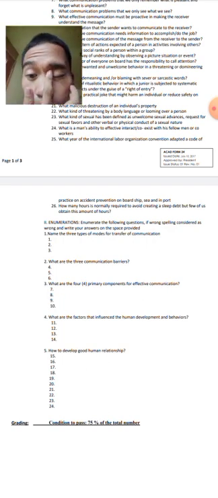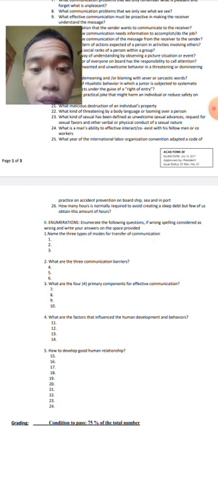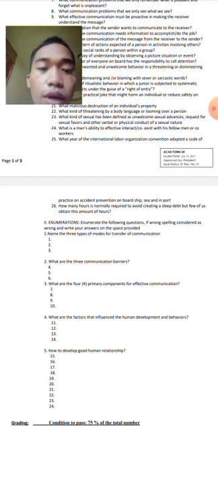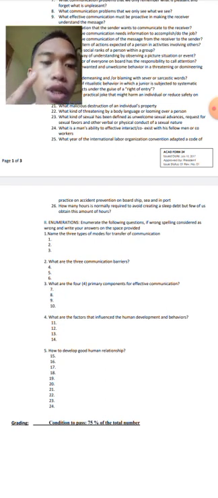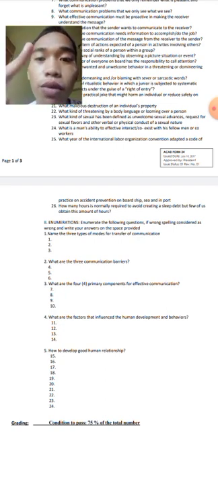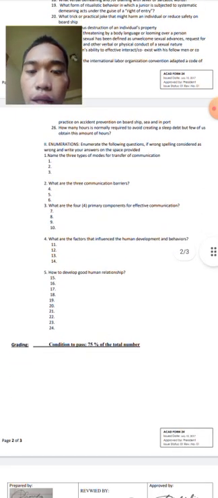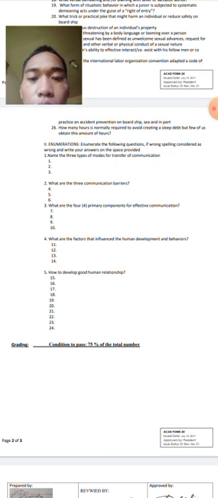So number 3, what are the 4 primary components for effective communication? The 4 primary components for effective communication are first, the encoding. Second, the medium of transmission. Third, the decoding. And the last, the fourth, is the feedback. And in number 4, what are the factors that influence human development and behavior?